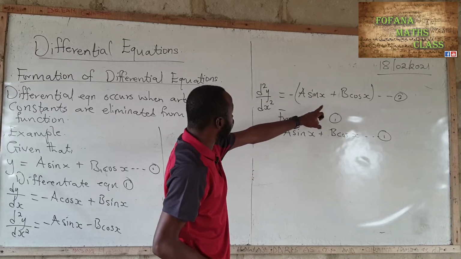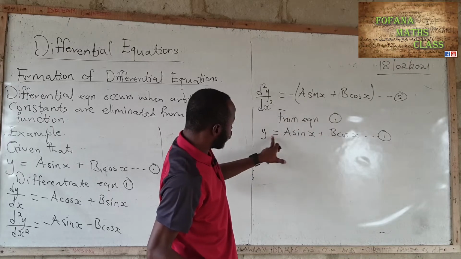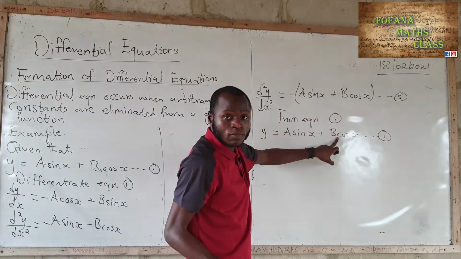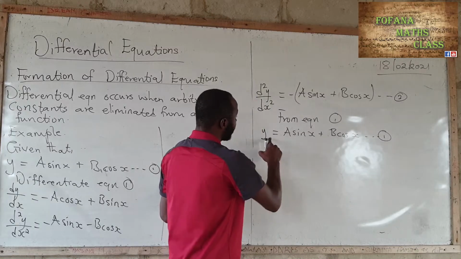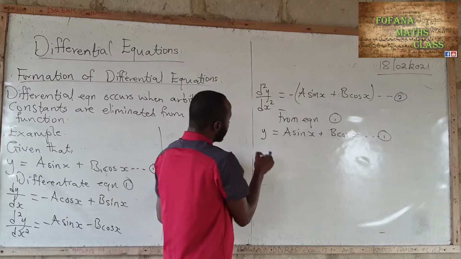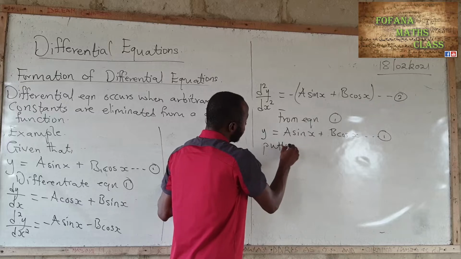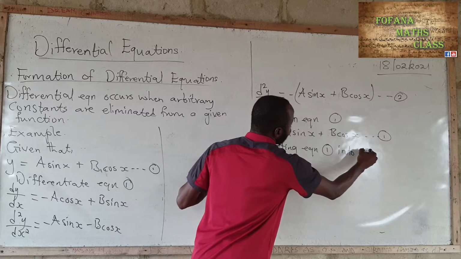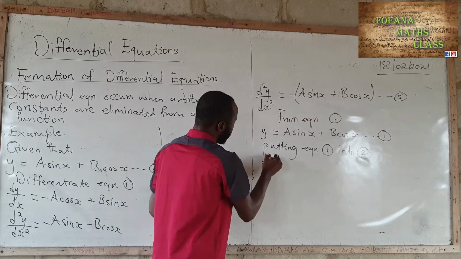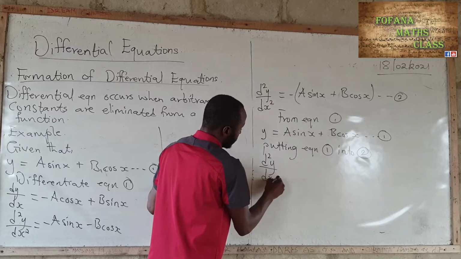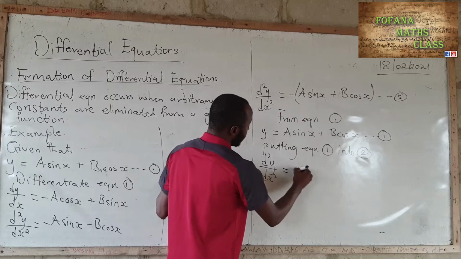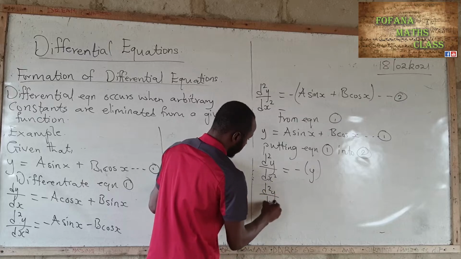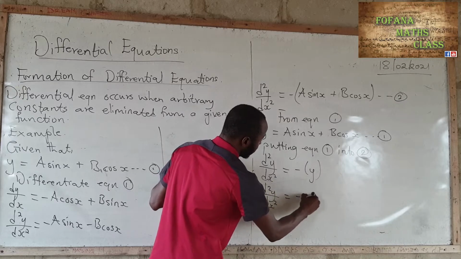Why? Because equation 2 has a sine x plus b cos x, and equation 1 also has a sine x plus b cos x, which is equal to y. So putting equation 1 into equation 2, we have d square y over dx squared equal to minus y.